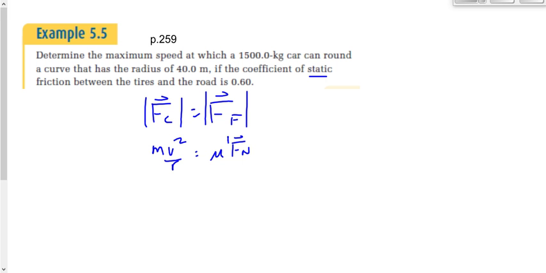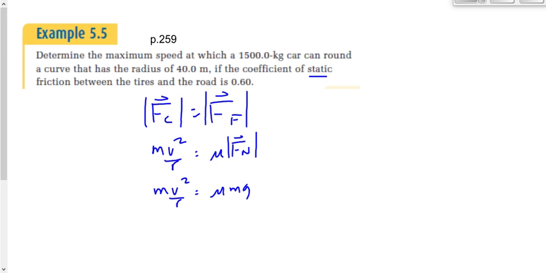What's the normal force equal to on a flat horizontal surface? Yeah, mv squared over r equals mu times m times g. Now, if the road is banked, which most turns are a little bit, then the normal force becomes a different value, right? So the analysis becomes a little bit trickier then.